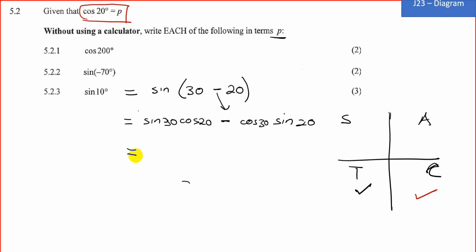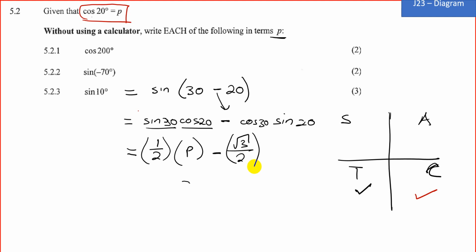The first one we have is sine 30, which is actually half. And then we have cos 20, which is given to be P, minus cos 30, which on the calculator is root 3 over 2.